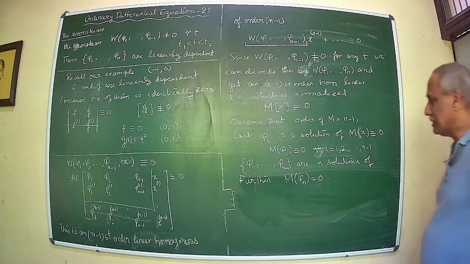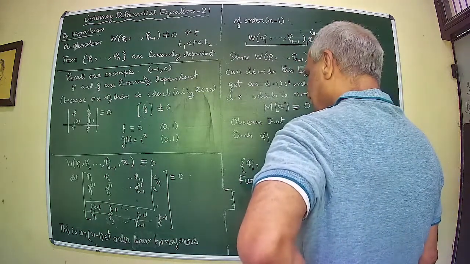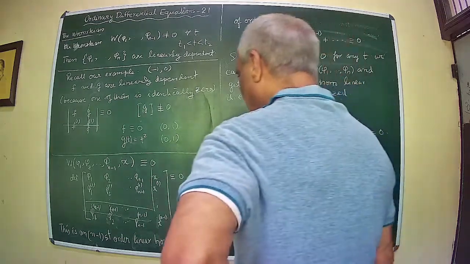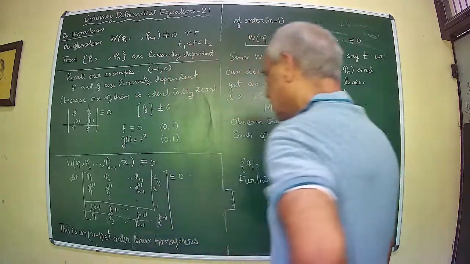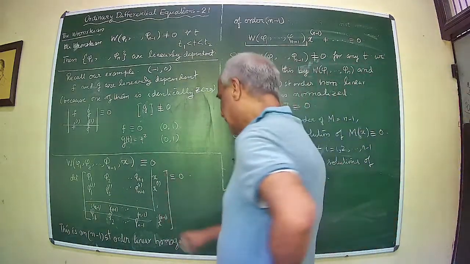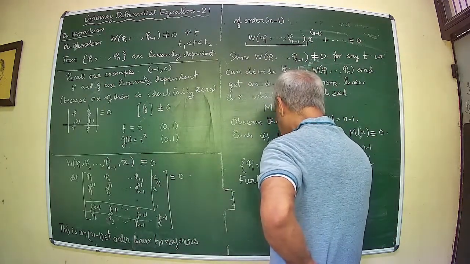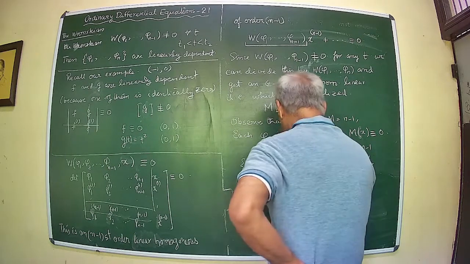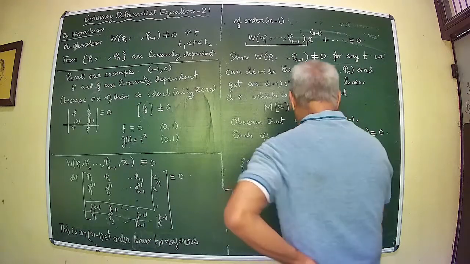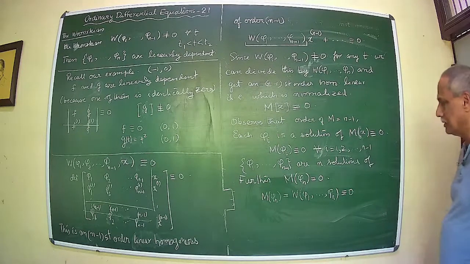Why is m phi n 0? Okay. You will see that if I replace this by phi n, then what do I get? I get m phi n, which is identically equal to 0. That is our assumption.